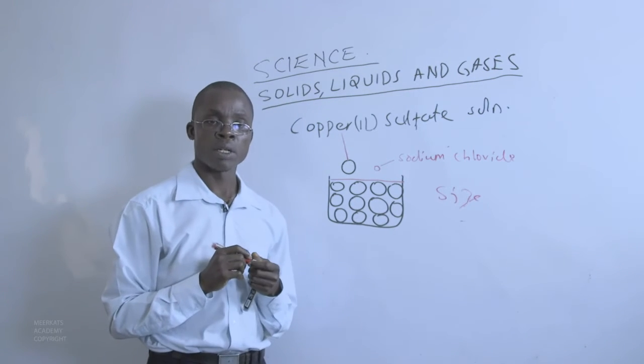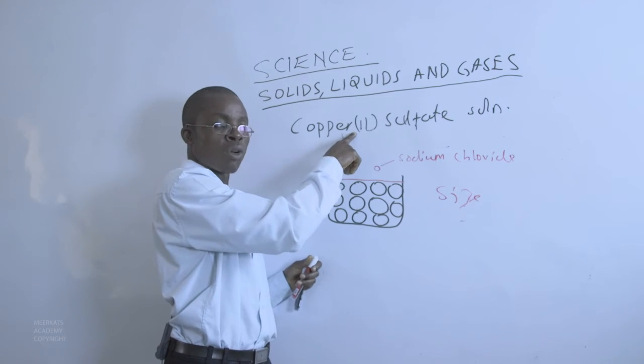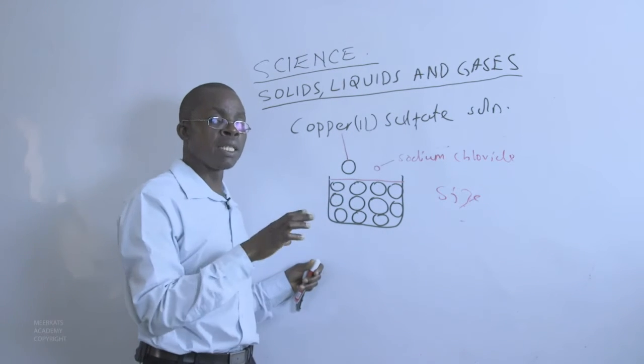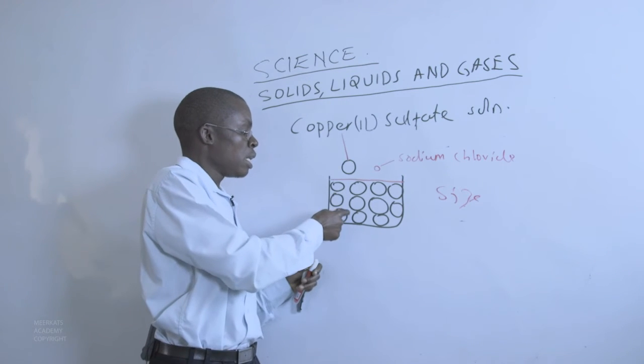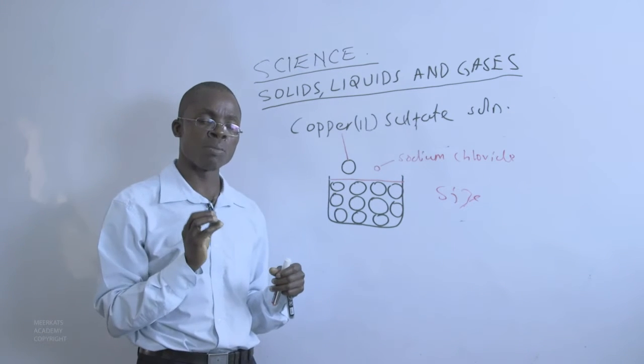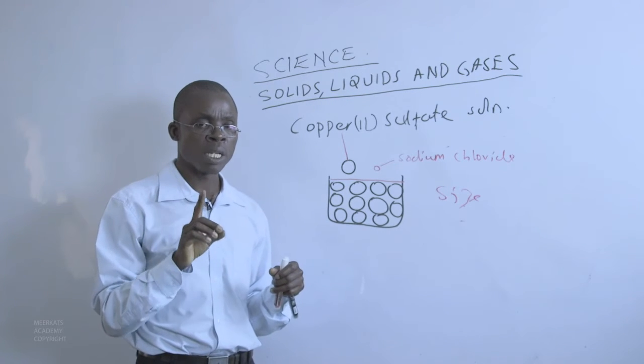This one being larger in size, copper sulfate being larger in size, cannot fit in the smaller spaces remaining in that saturated solution. So what does it tell us?